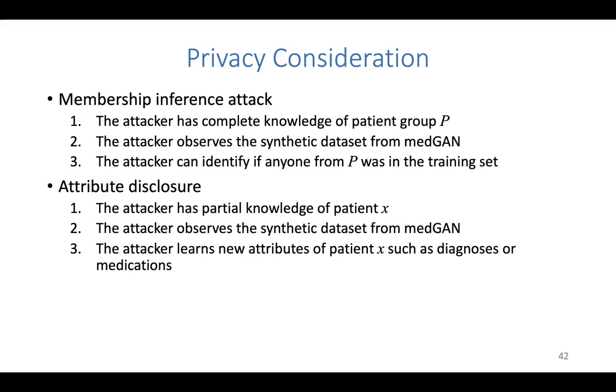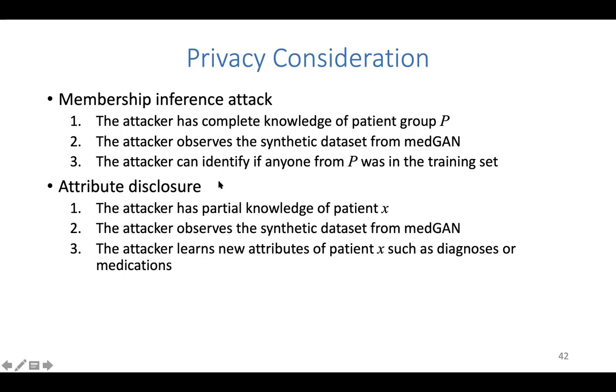Any idea, anyone with a creative way to exploit this knowledge for personal gain? This is pretty clear, as I said, with attribute disclosure: you can gain extra knowledge and then start blackmailing.